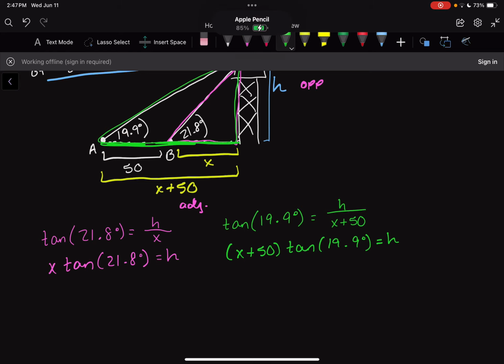Now I want to make a little bit of a point here. With this situation, ideally we have options, okay? We can either have it equal to h and set them equal to each other, solve for x. The problem with that is that once we get x, we'll have to plug it back in to get h because we don't want to lose what we're looking for. We're looking for h. So if we set them equal to each other right now, we're going to lose the h and we'll have to solve for x.